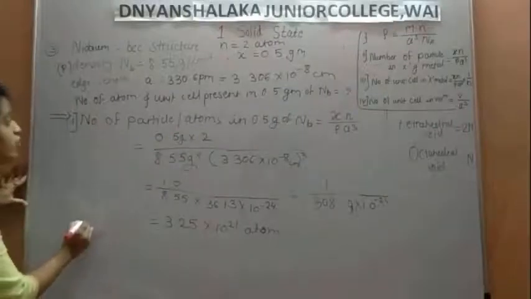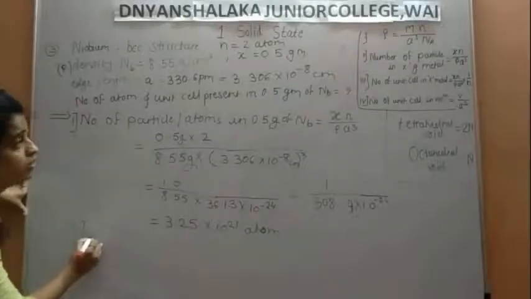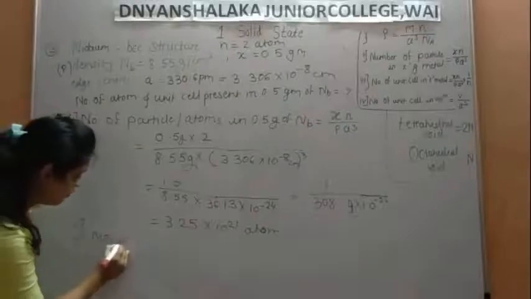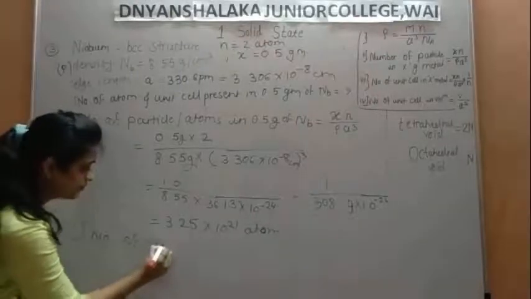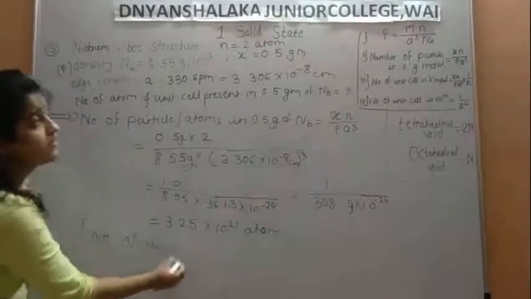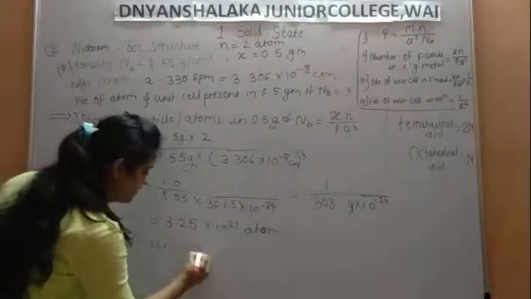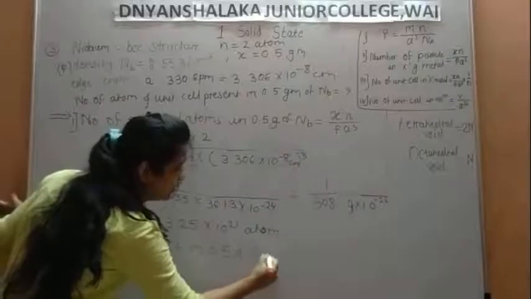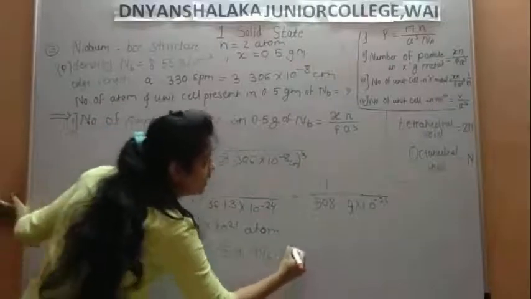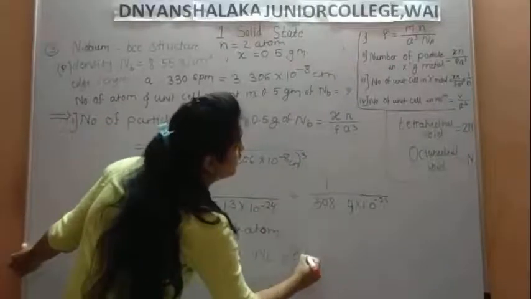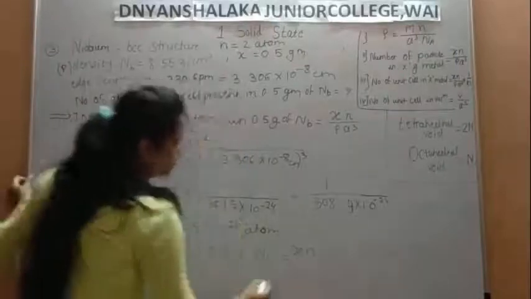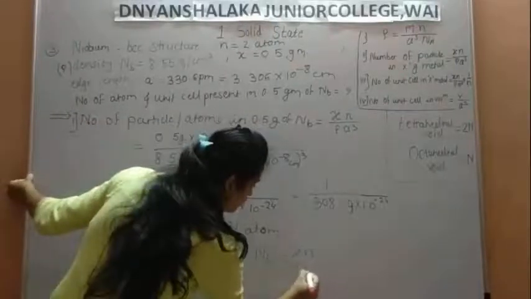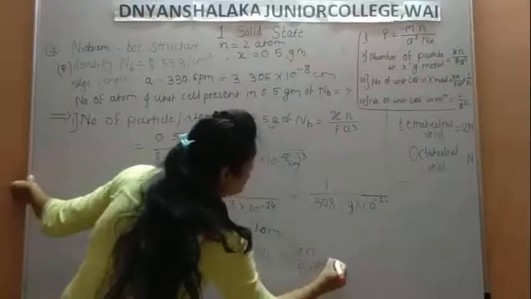And next we have to find the number of unit cells. So the number of unit cells in 0.5 gram of niobium, Nb. So the formula is x into n upon rho into a cube, into 1 by n.